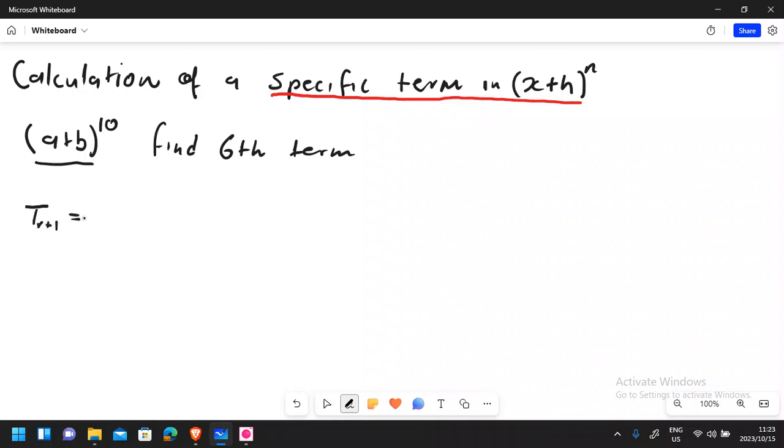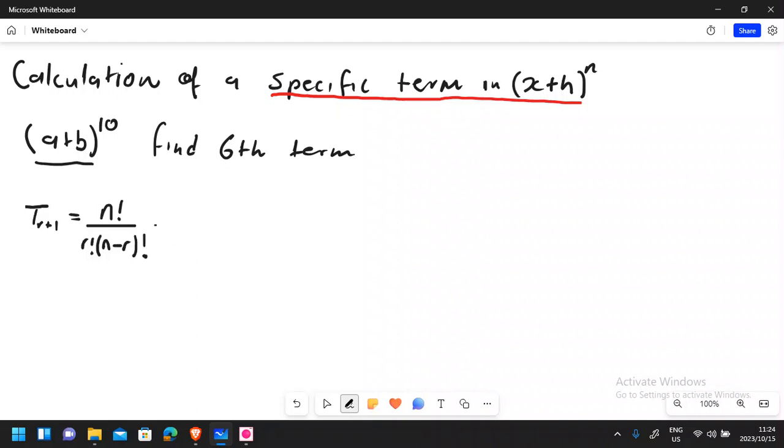And this is equal to n factorial, divided by r factorial, and then n minus r, factorial. Excuse me, I wanted to say factorial.